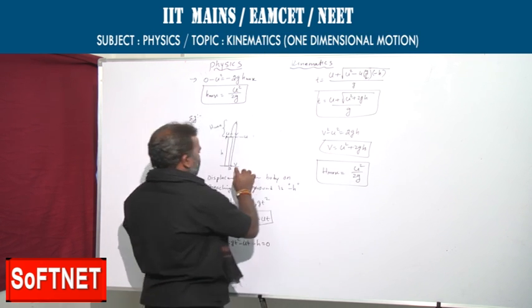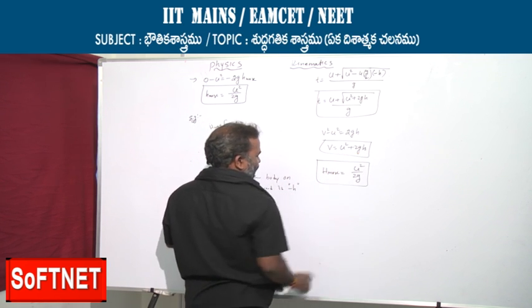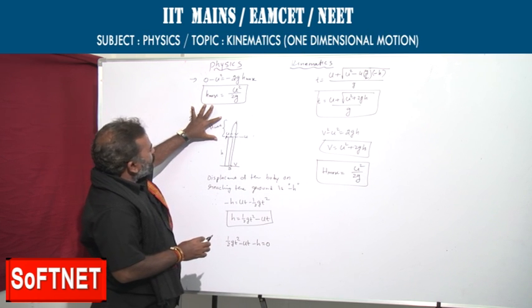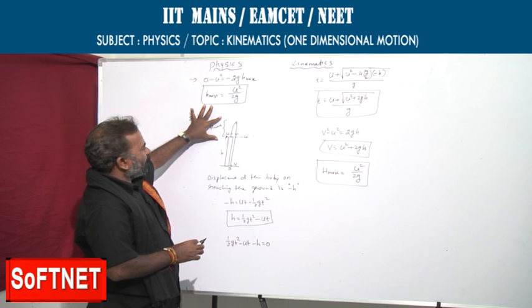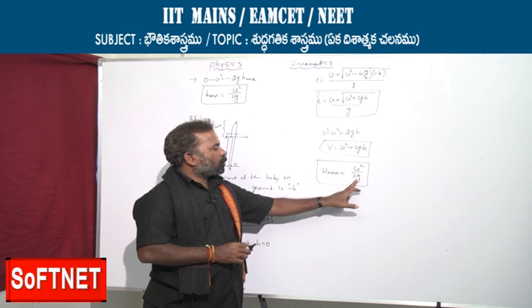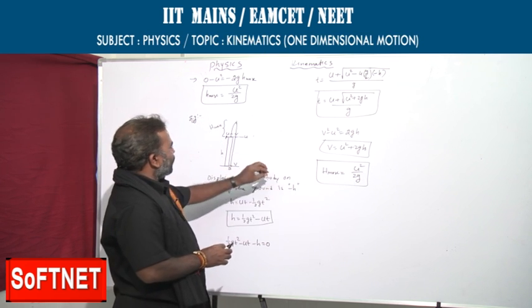Therefore, final velocity on reaching the ground is v equal to root of u square plus 2gh. If you want to calculate the height above the top of the tower, we will apply h max is equal to u square by 2g. So these are the relations you will be getting.